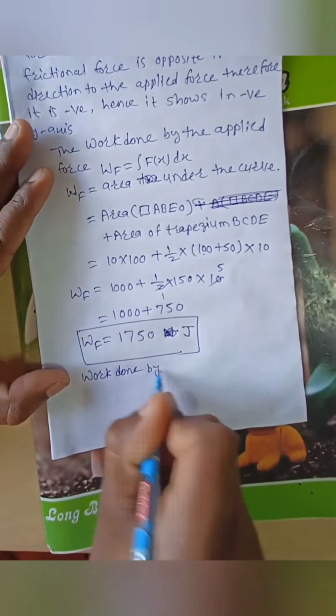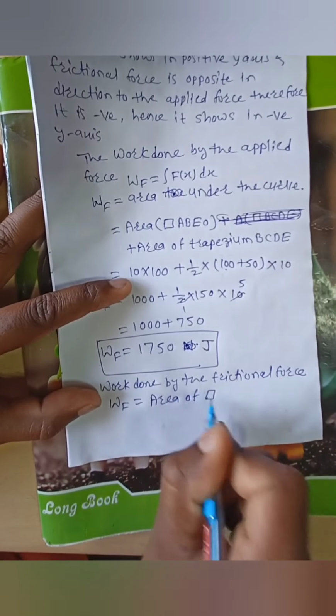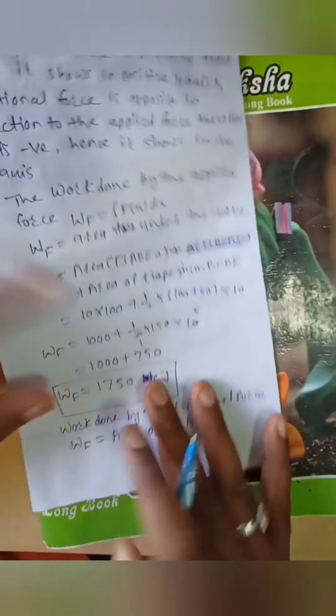Work done by the frictional force is nothing but the area under the curve, which is the area of rectangle ODFG.